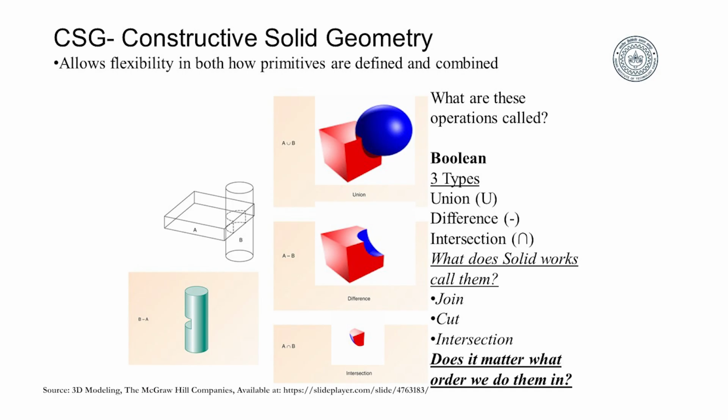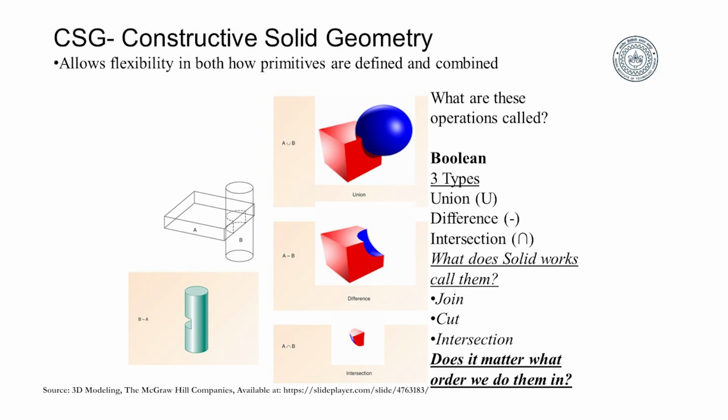If you go inside the CAD software, you can see these functionalities present: union, difference and intersection. In SolidWorks they are typically referred to as join, cut, intersection, etc. Sometimes these names do change with time. The key question is, does it matter in which order we do them?